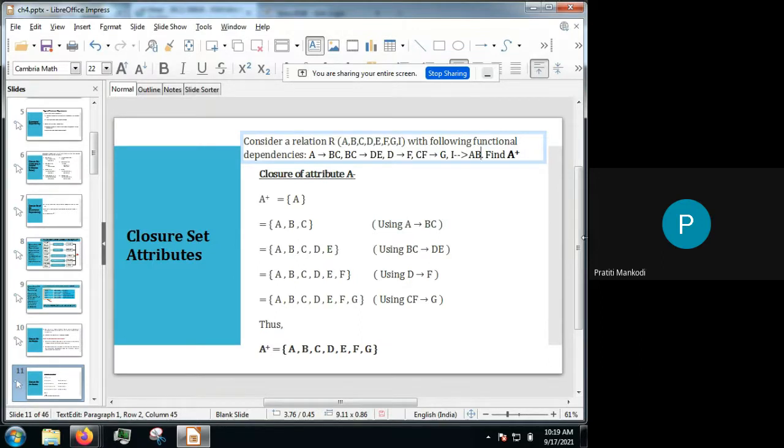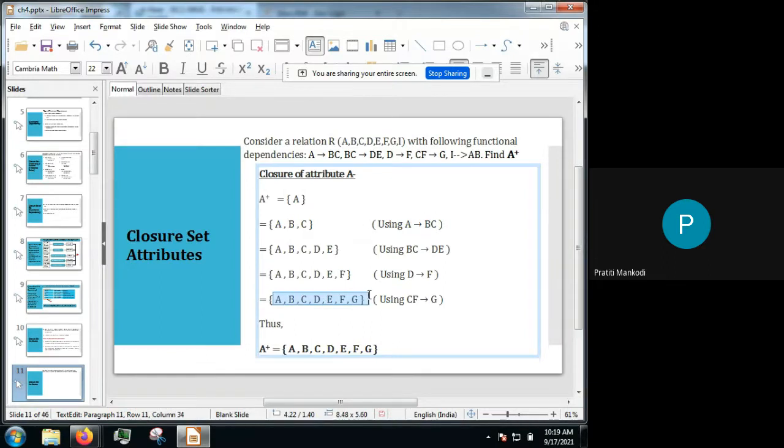Closure will remain same, or do I need to include I? Same, because I am not able to derive with the help of the elements which I am having here. Is it clear? So it is not always necessary that ultimately, because see, we are getting the closure directly or indirectly.